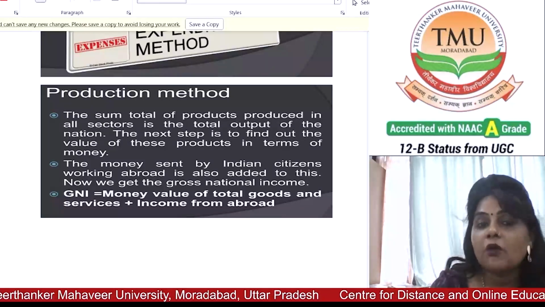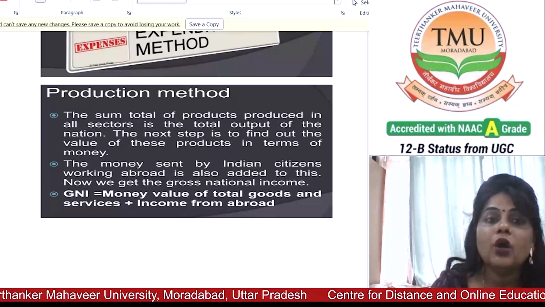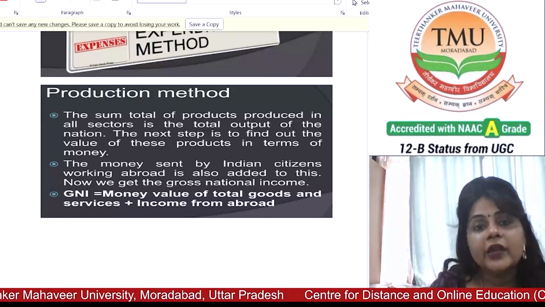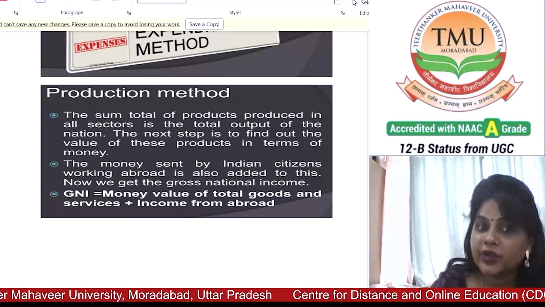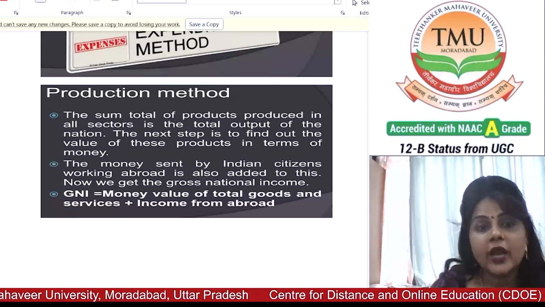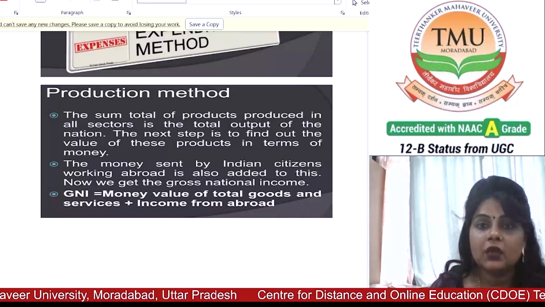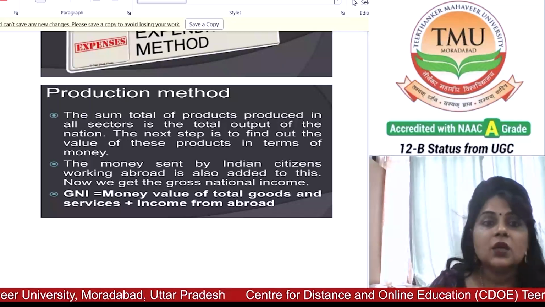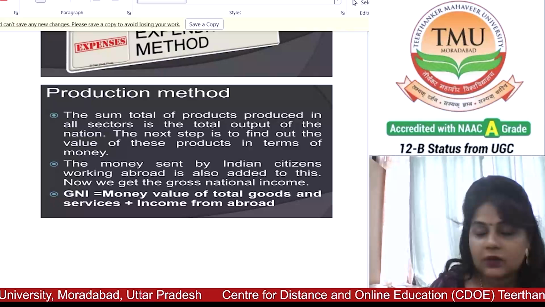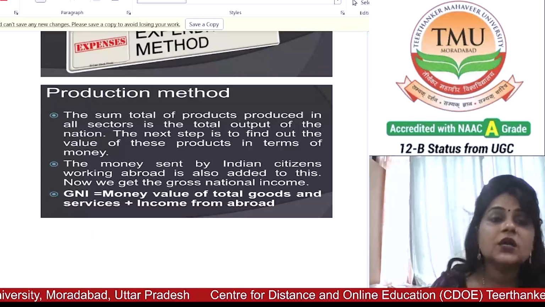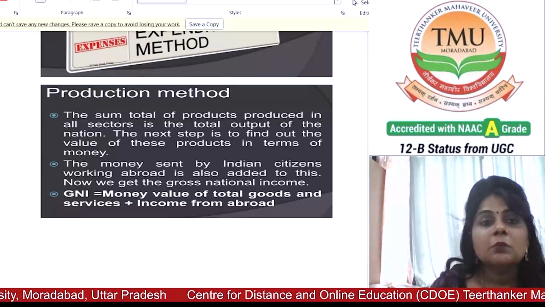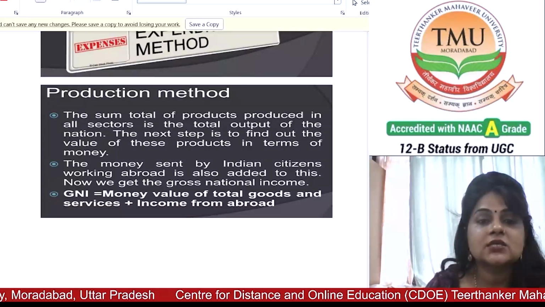For the calculation of domestic income, the value of depreciation and net indirect tax is subtracted from the gross domestic product at market price. Net domestic product at factor cost is equal to GDP at market price minus depreciation minus net indirect taxes.